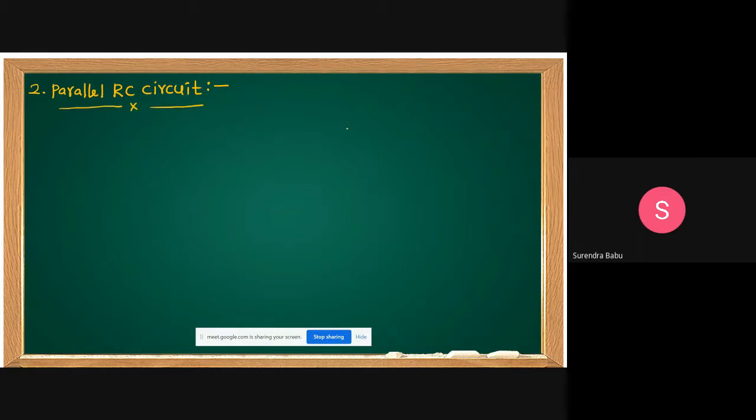Yes, all of you draw the circuit. This is the source. This is R and this is C. This is I, IR, IC.